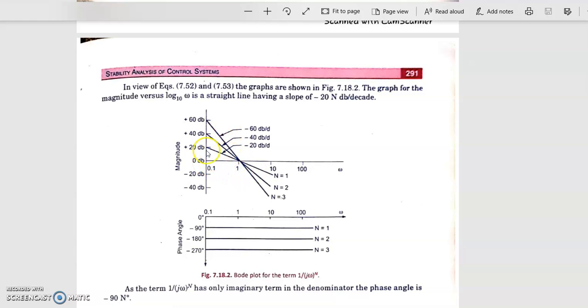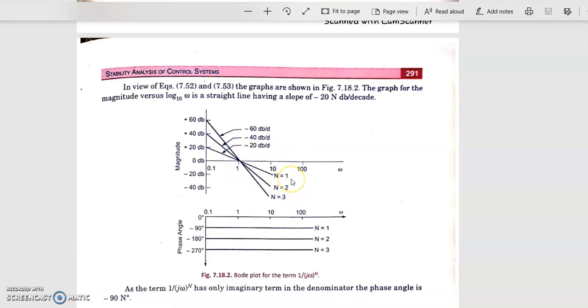Now in the reference slope, the height is 20 decibel and the base is 0.1 to 1, that is 1 unit, so it is minus 20 decibel per decade. If the height is 40 and the base is again 1 unit, it will be minus 40 decibel per decade. Next is minus 60 dB per decade, and so on, as indicated in this diagram.